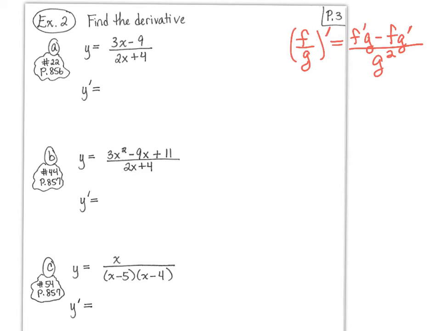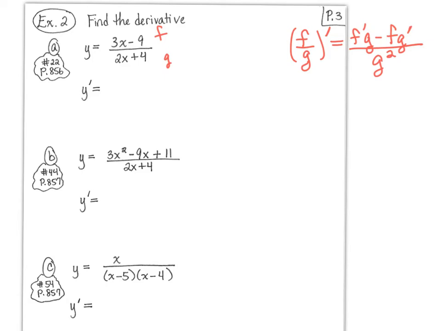Now let's apply the quotient rule. You'll get to the point where you don't need to write the primes in whenever you're actually applying the rule, but I'll do it for the first one so you can see where it's being applied. We assume our numerator is f and our denominator is g.